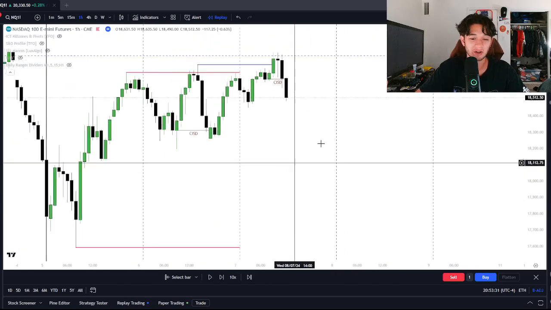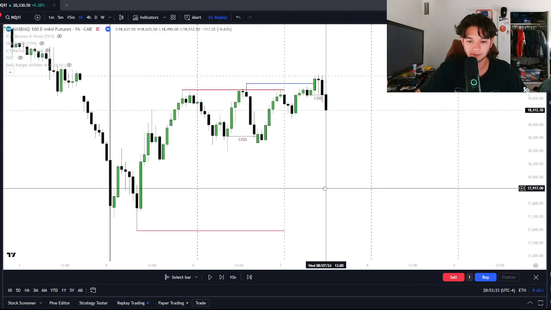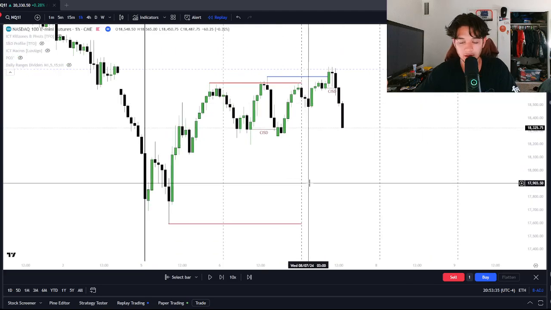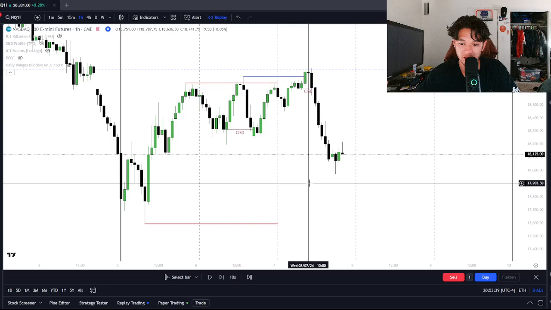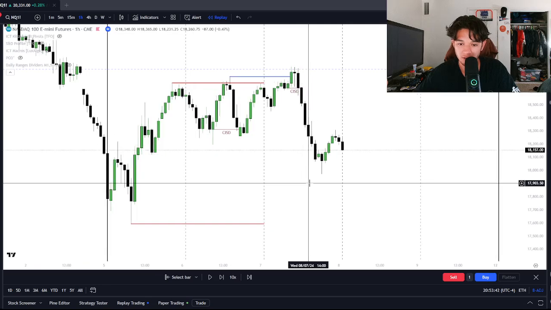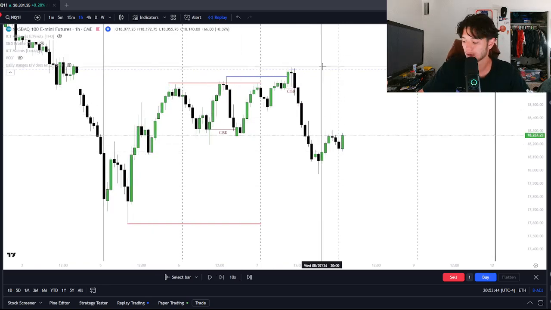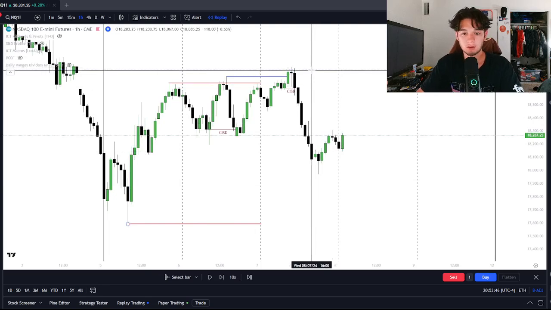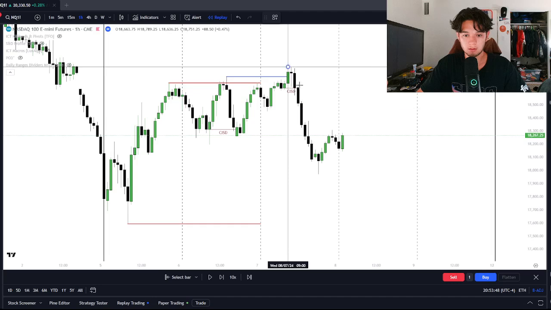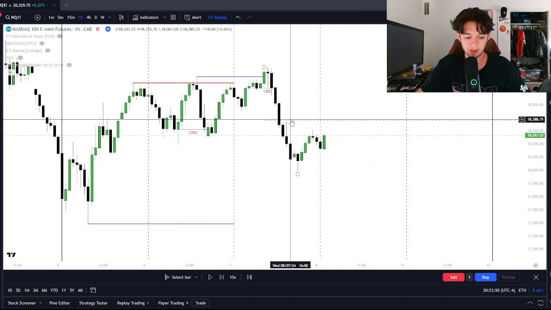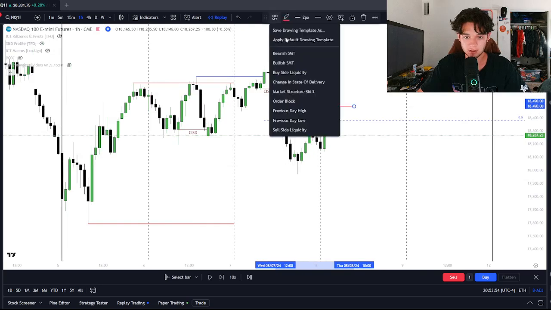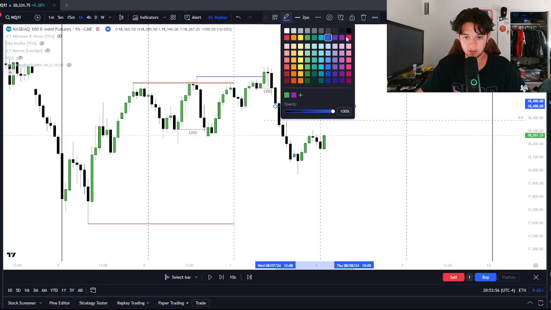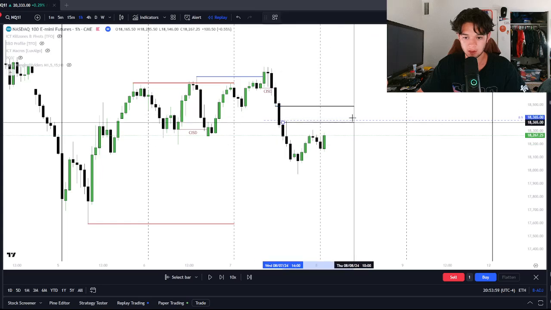But now I'd be looking for expansion lower. There's the expansion. Thursday, we're retracing, and I'd be looking for this value gap.